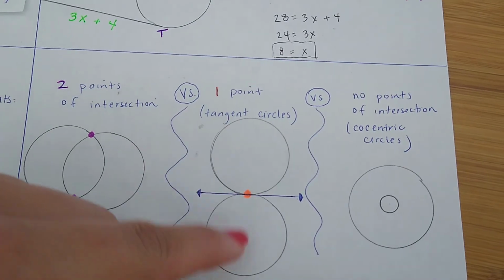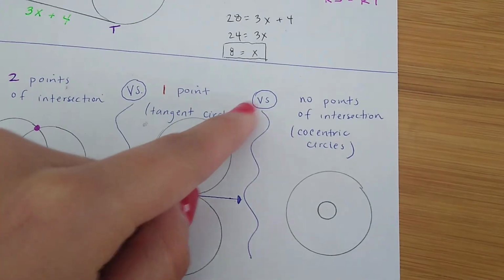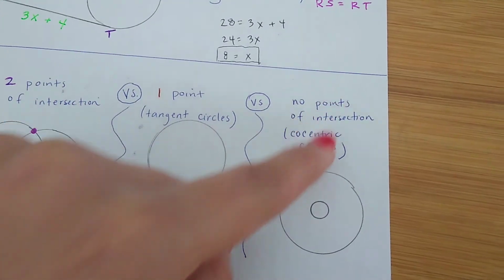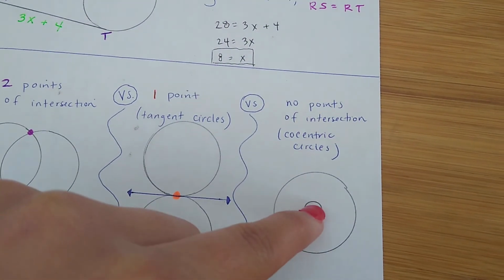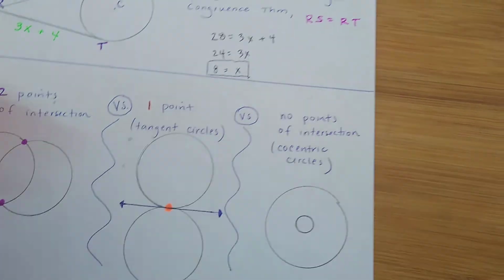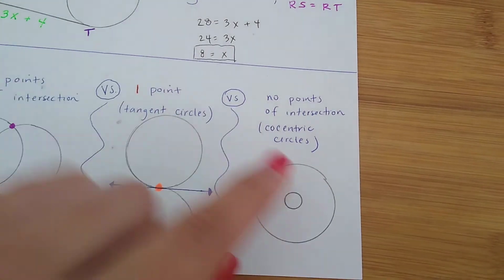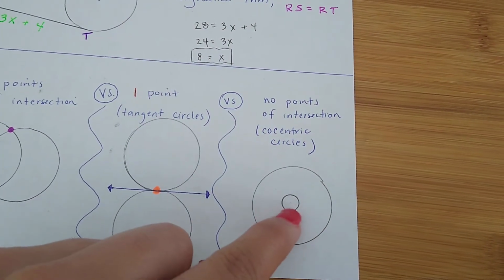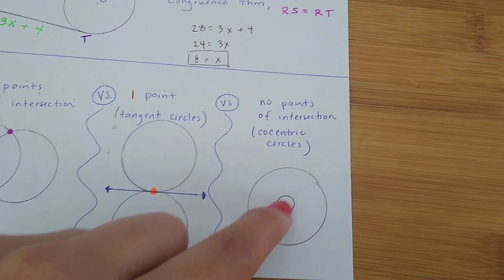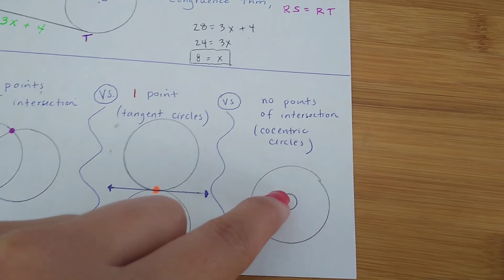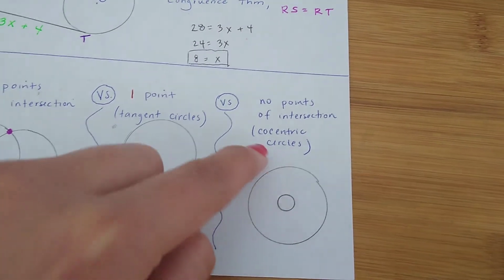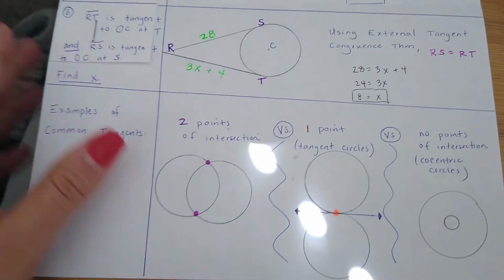You have 2 tangent circles. Versus if you have no points of intersection, these are called concentric circles. Think of this kind of like the target symbol, or the bullseye. They have the same center, but they have no points of intersection.